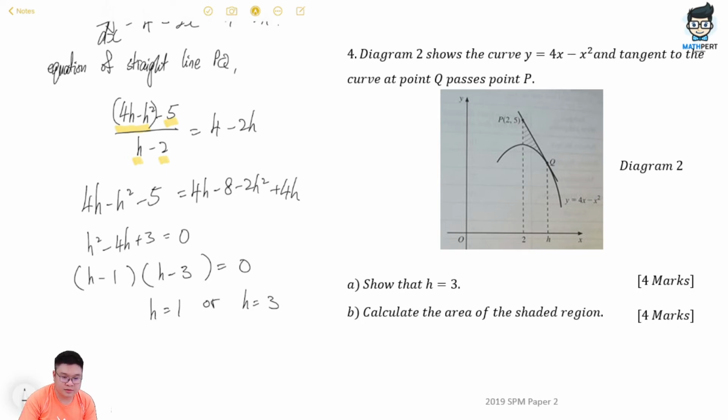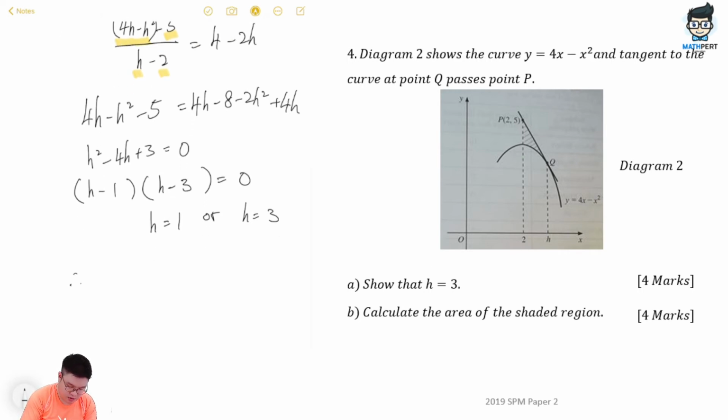However, from the diagram, we know that h must be greater than 2, because 2 is here. Therefore, h is equal to 3. So we have proven it.